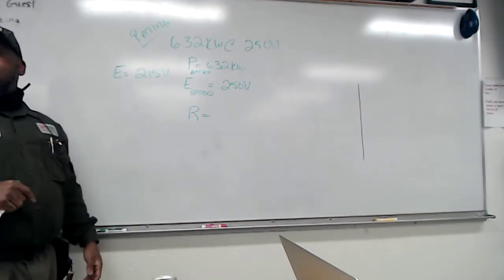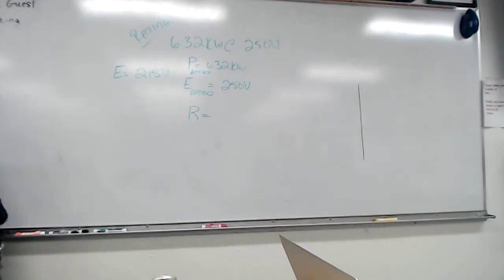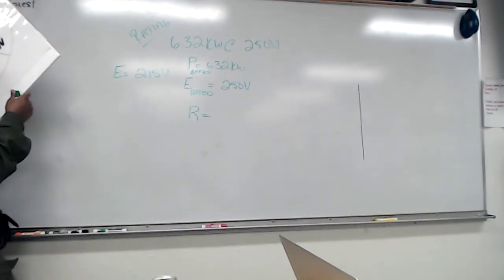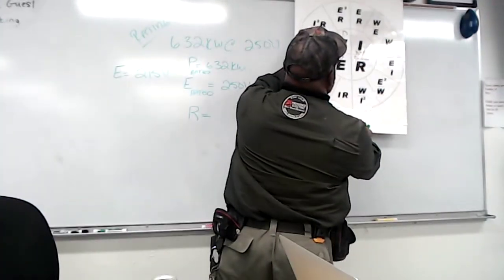So what equation? E squared divided by watts. We're going to use this all day, every day, Sunday, weekend, Martin Luther King, Hanukkah.